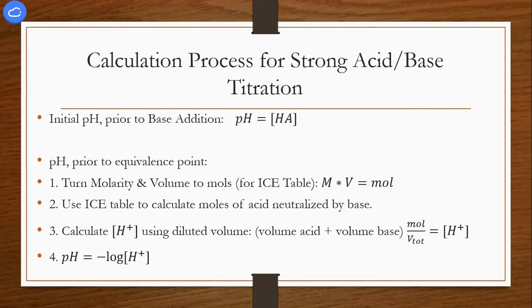Now, pH prior to the equivalence point is the one where you have to take some steps. Technically, when we do an ICE table, it's supposed to be using moles. The reason we have not done this so far is because when we did an ICE table, the volume has not changed.